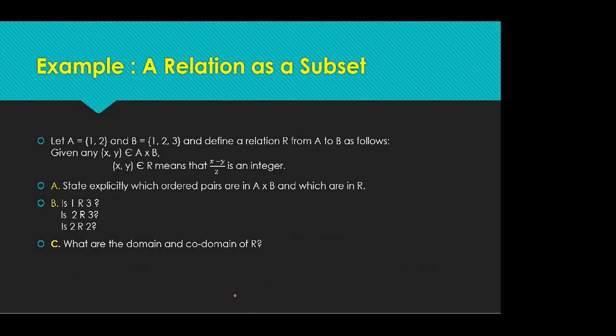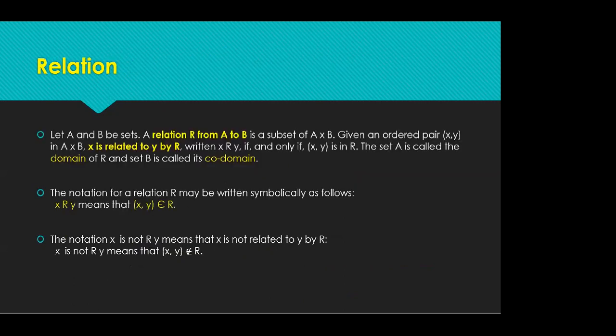In our definition, the set A is called the domain of R, and set B is called the codomain.